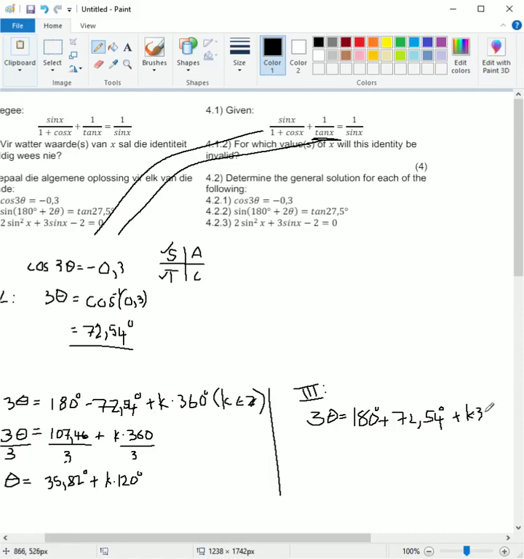This time I'm not going to say k is an element of integers because I've said it before. So 180 plus our 72,54 gives me 252,54 plus k times 360. Again, that 3 is now going to divide with everything.